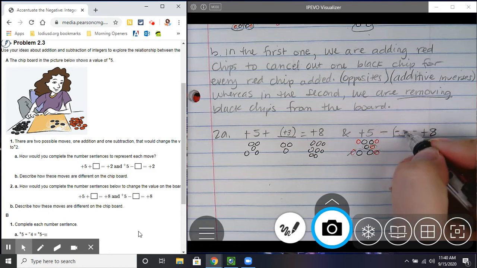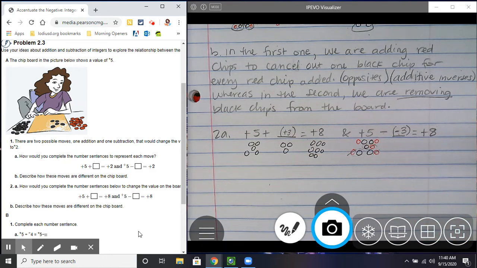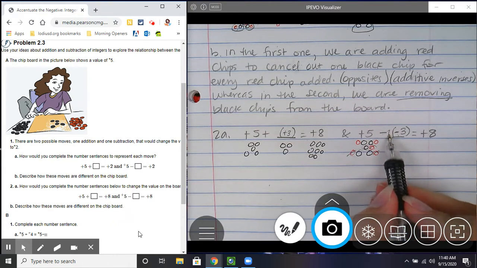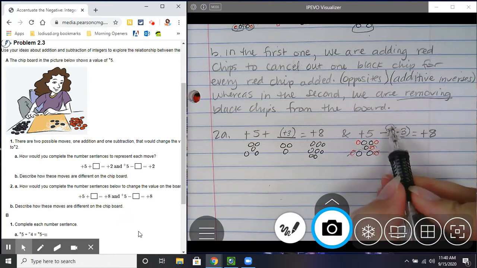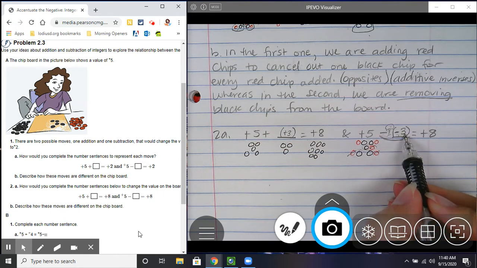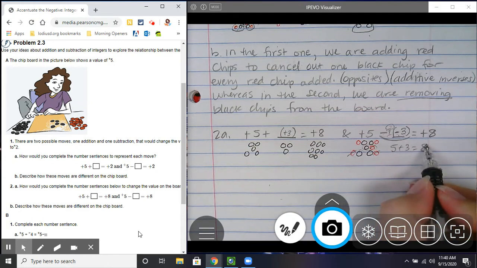I'll have to rethink this picture and come up with something better to show you. But remember that we have our ghostly one right here, and 5, and then if you were to multiply these, -1 times -3 would be a +3, so it would be 5 plus 3, which would be 8.